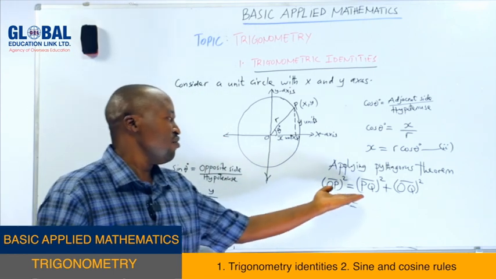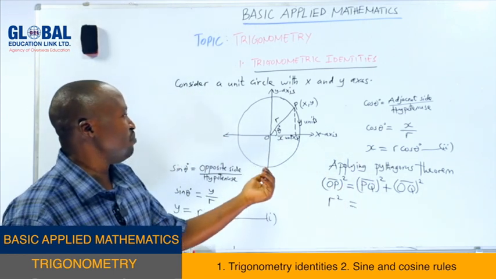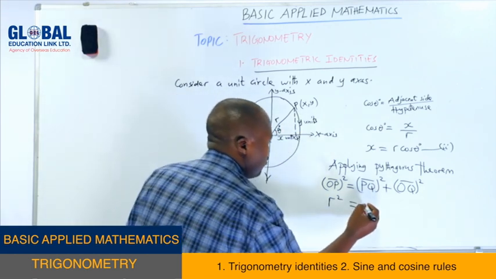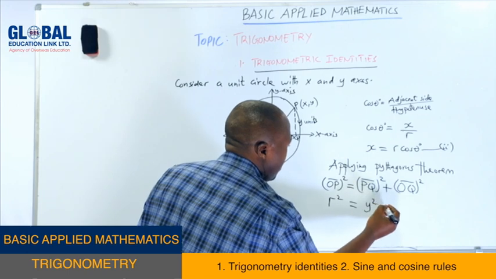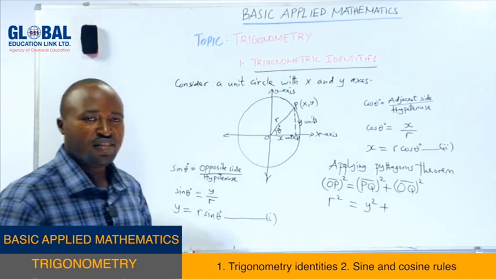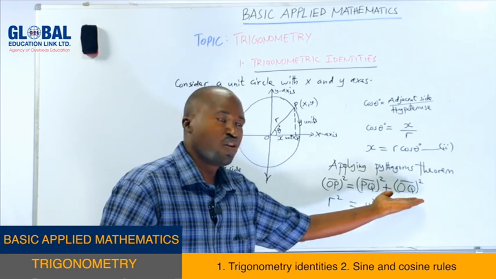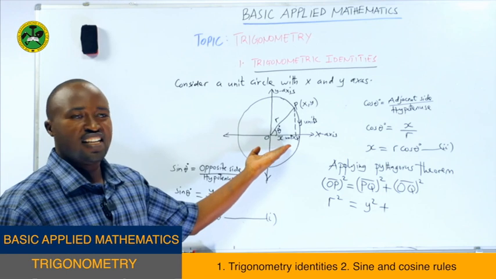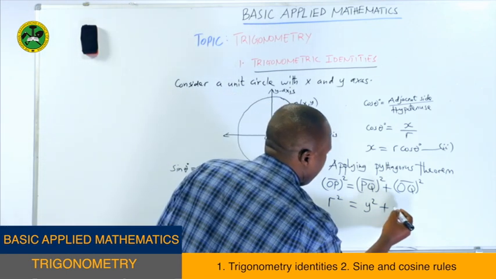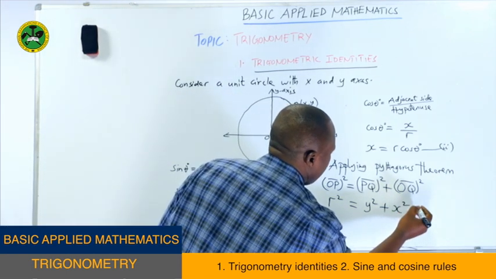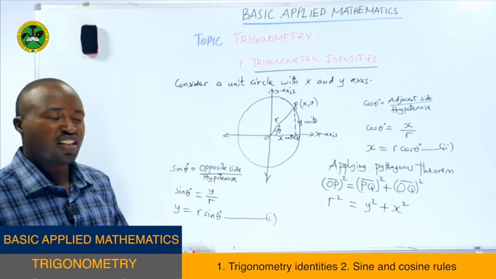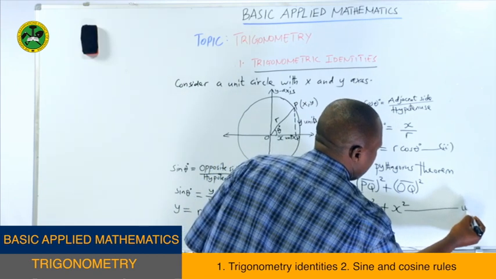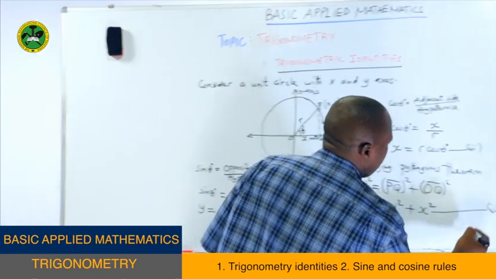Then we have PQ. What is PQ? PQ is y. So here we have y squared, plus OQ squared. What is OQ? OQ is x. That is x squared. That is the Pythagoras theorem. Now call this equation 3. Now we have three equations: equation 1, equation 2, and equation 3.